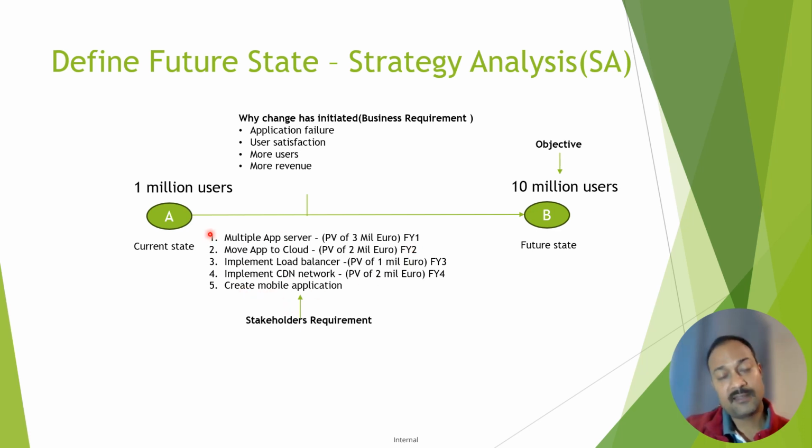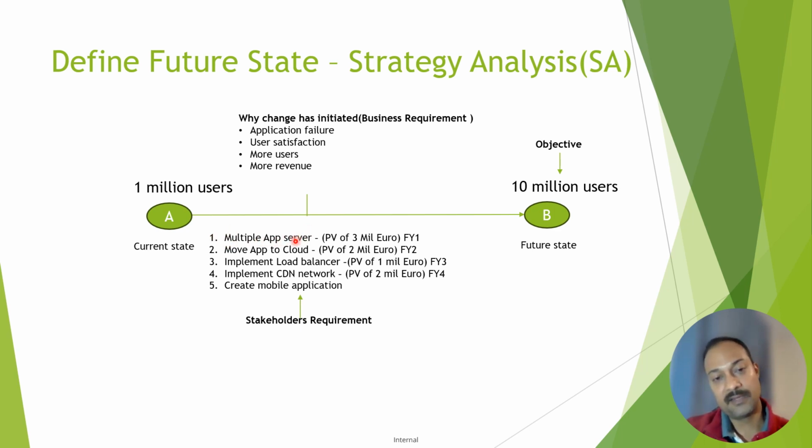And another thing is, when we are talking about the stakeholder requirements, at the end the stakeholders need to have a common consensus. This means that they should not end up with a mess, like most of the stakeholders prioritizing the fifth future state while we are working on the first future state or first requirement.